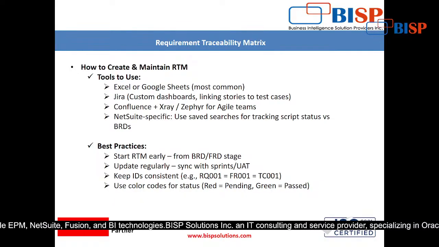Then use color codes for status: red for pending, green for passed. Okay, so use color codes, because in an Excel sheet there are so many facilities, right? You can put the flag also. So in this way there are best practices for using the requirement traceability matrix and completion of the requirement traceability matrix.